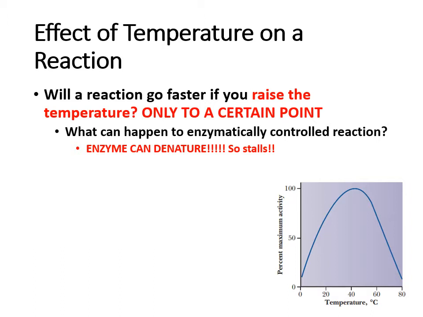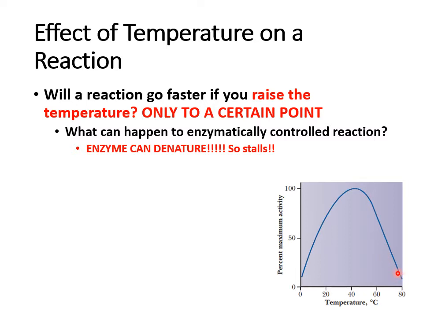Now, when we talk about enzymatically controlled reactions, yes, raising the temperature will make the reaction go faster, but only to a certain point, as you can see in this graph. The reaction activity will increase as the temperature is going up. But you notice at about 50 degrees, the activity of the reaction decreases instead of getting faster.